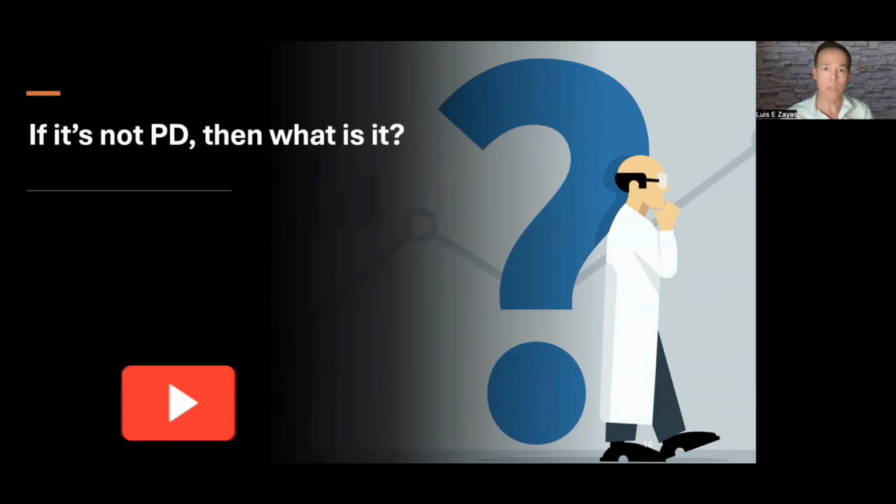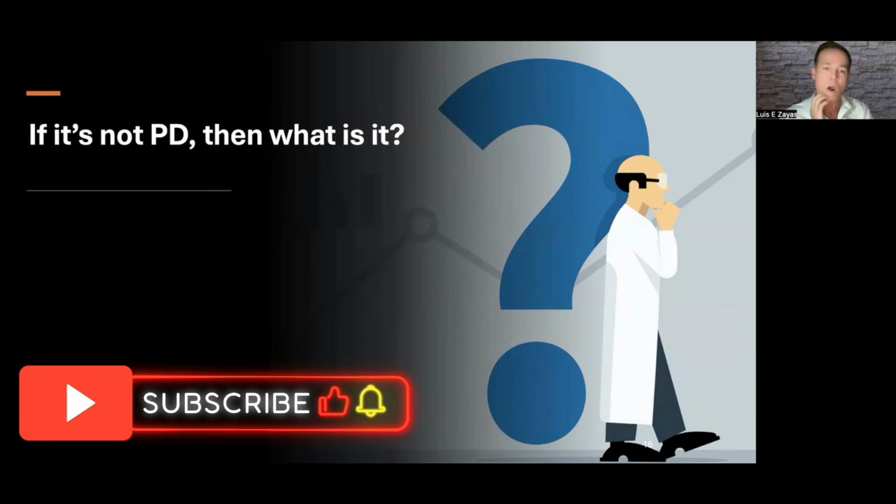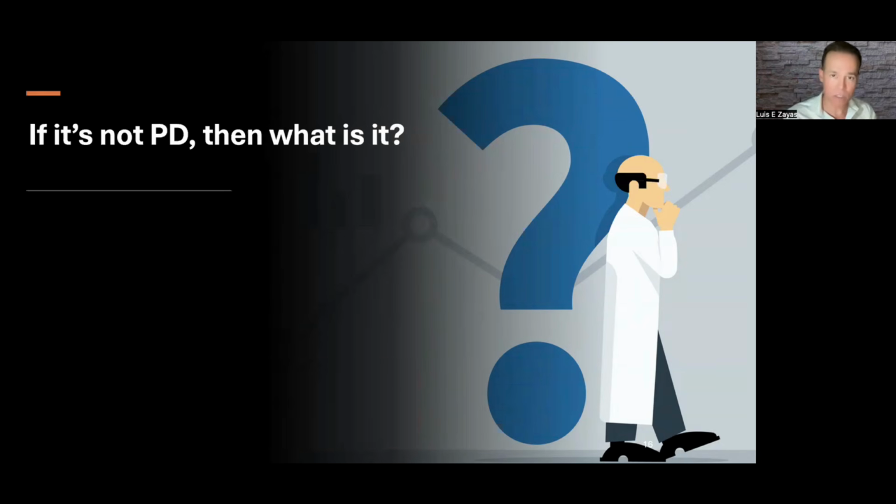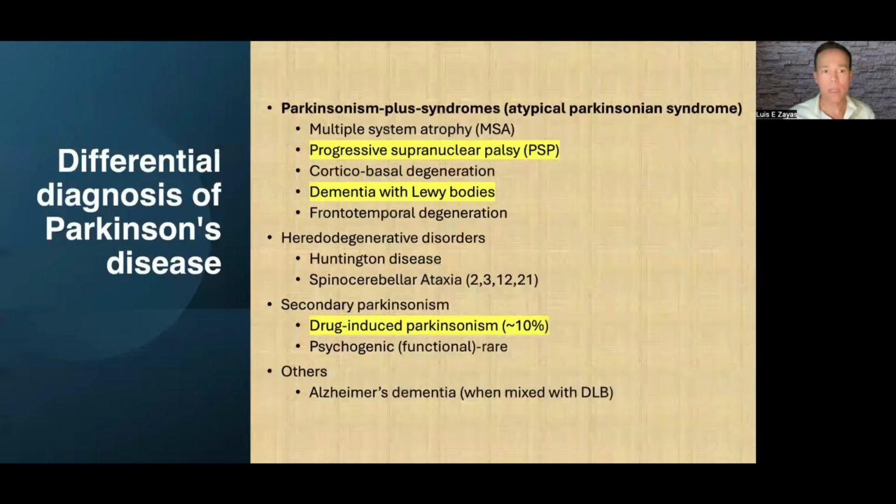And then if you ask me, what is something else? Something else means that it's something atypical. Typical means Parkinson's disease. But when it's atypical, you have a bunch of things. Many things that can cause Parkinsonism and look like Parkinson's disease, but on steroids.